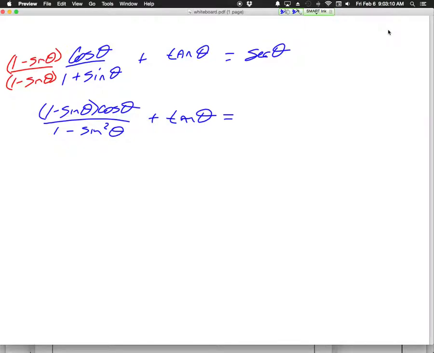So I have 1 minus sine times cosine over 1 minus sine squared, which is cosine squared by the Pythagorean identity. I can cancel the cosine.